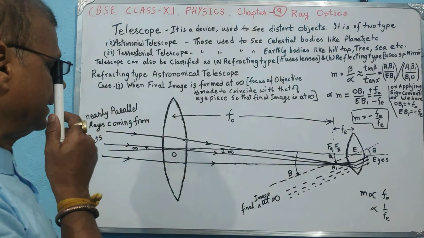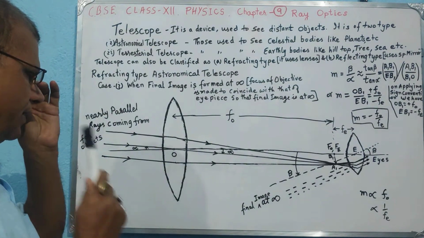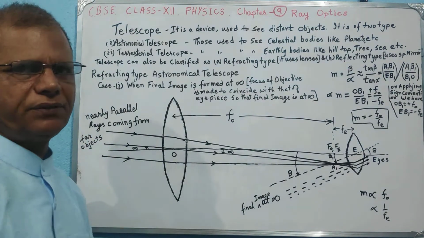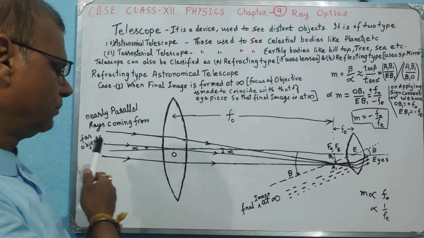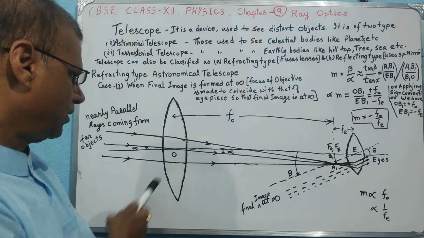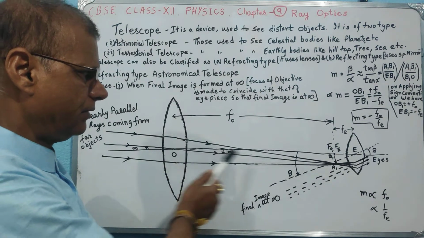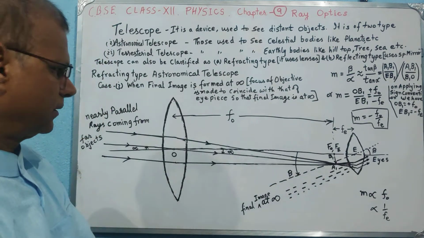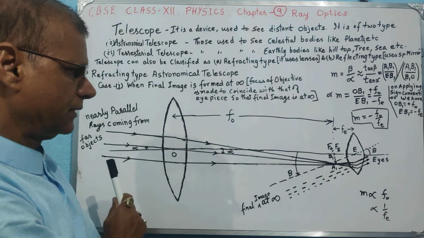Now we consider that the object is far away and therefore rays coming from the object could be taken as parallel rays. On passing through the objective lens, they will converge at the focus of the objective.